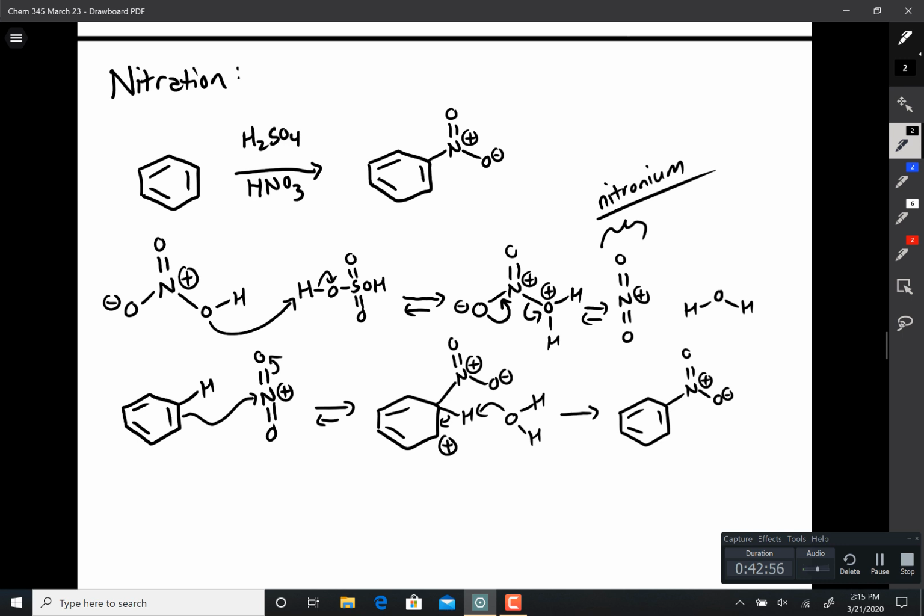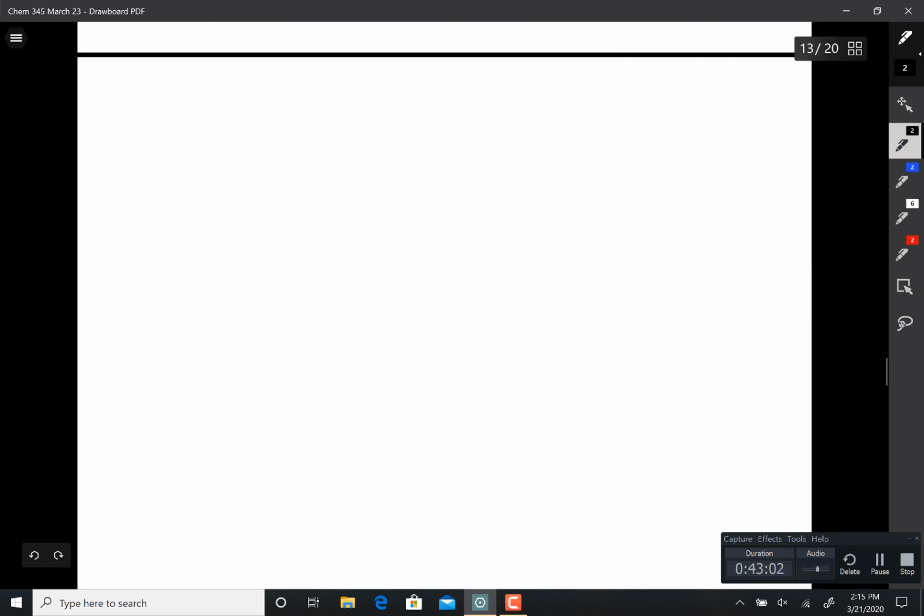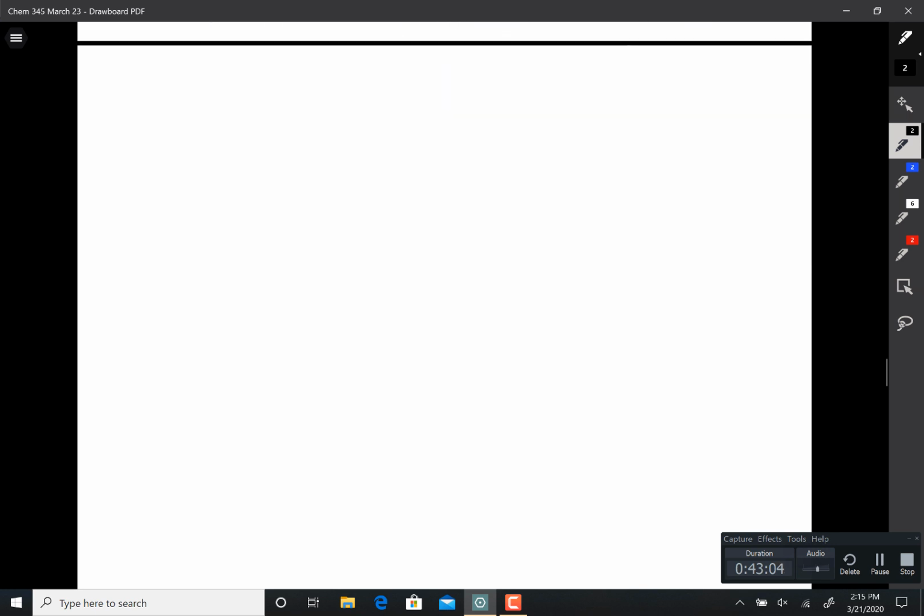Now, let's go through an example of a nitration reaction. Let's nitrate methylbenzene.